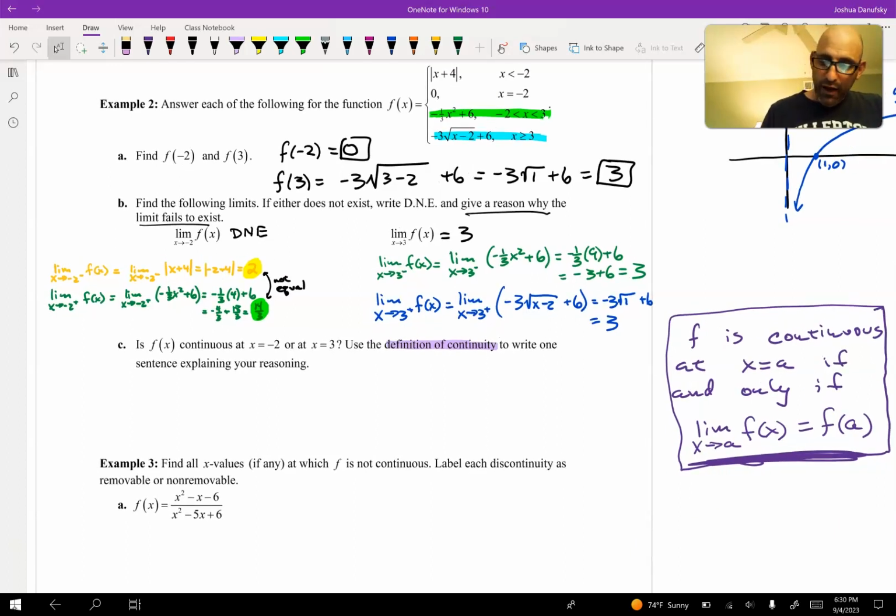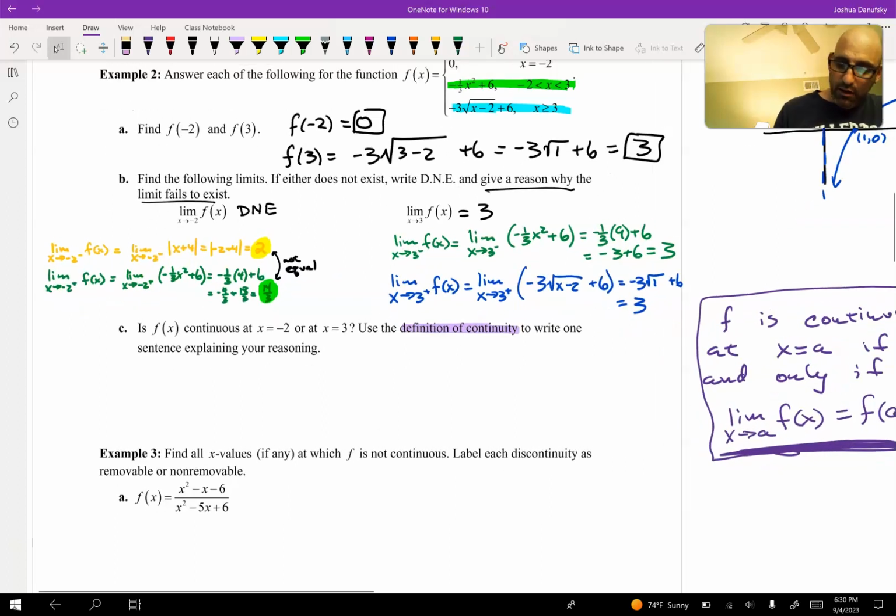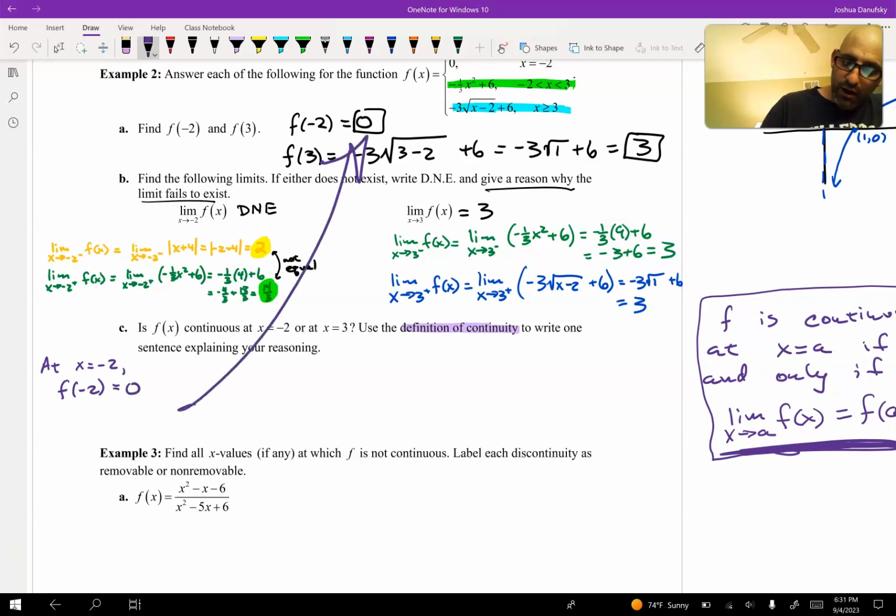So keeping that in mind, notice what we have at negative 2. Here at x equals negative 2, f of negative 2 equals 0 from our work in part A right there, which does not equal the limit as x approaches negative 2 of f of x, because it's not a number at all, right?